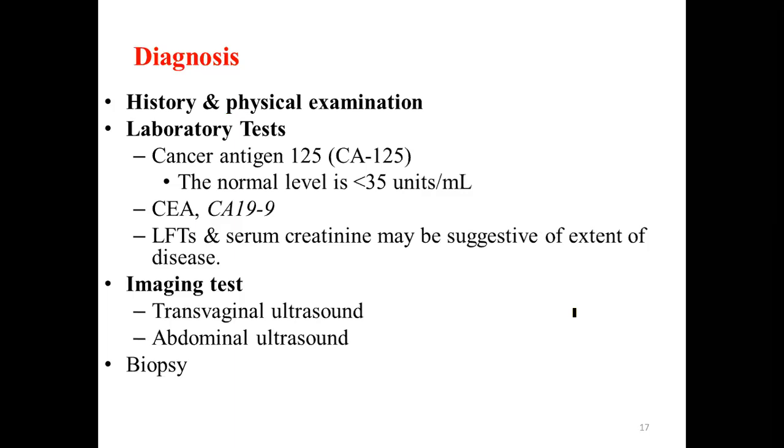The normal value is usually less than 35 units per ml. If it is elevated, there is a possibility, but we have to do further tests. Then CEA, carcinoembryonic antigen, the most common marker in colorectal cancer, and CA19-9 can also be considered, but in our setting, CA125 is the most common.